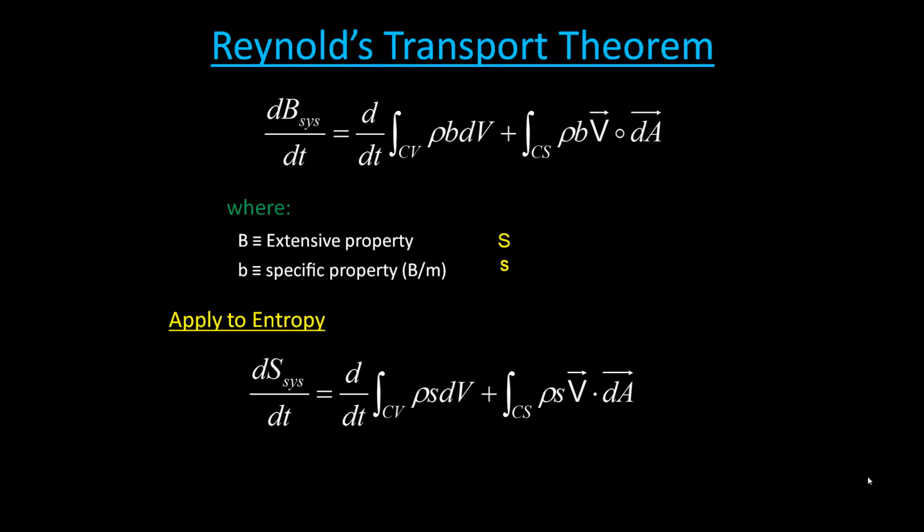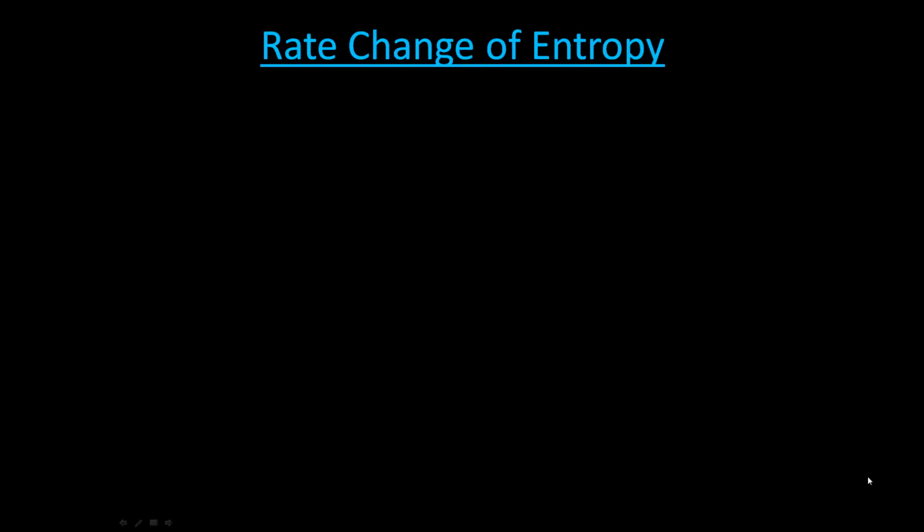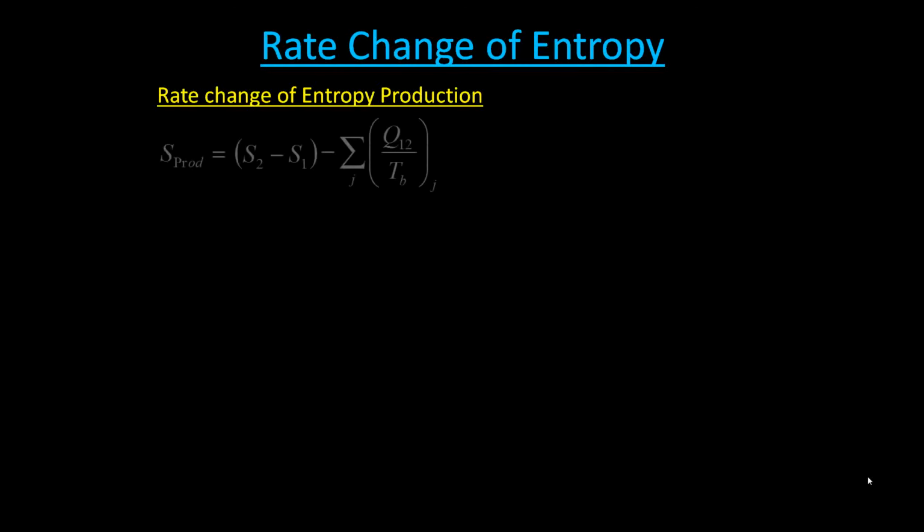So to do that, we're going to go and look at entropy production. We're going to derive the rate of change of our entropy production. We started with our entropy production, which we discussed in the previous lesson objective. We say that entropy production is equal to the change in entropy from state 1 to state 2 minus the summation of all the heat transfers from state 1 to state 2 over their boundary temperatures.